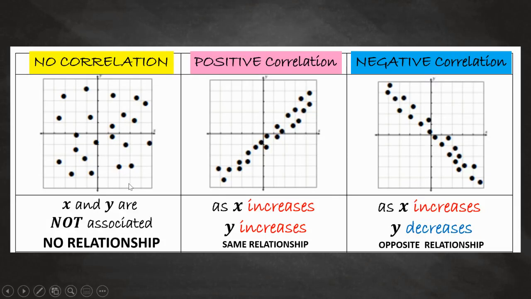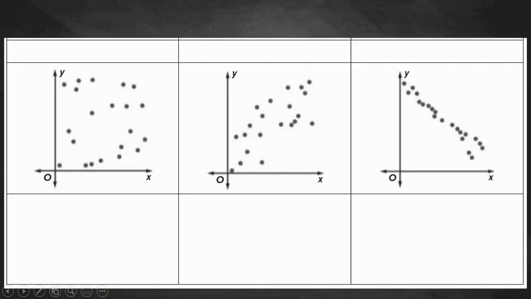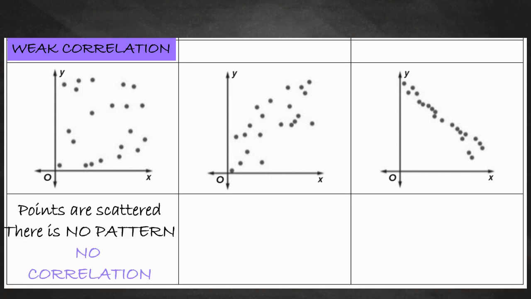Now, you can also be strong, medium, or weak when it comes to correlation. This first example has random points, no pattern whatsoever, not close together, so it has a weak or no correlation. When the points are scattered and there is no pattern, there is no correlation.